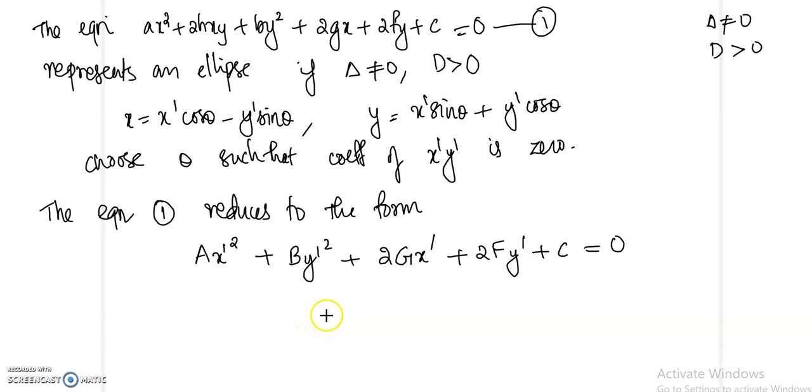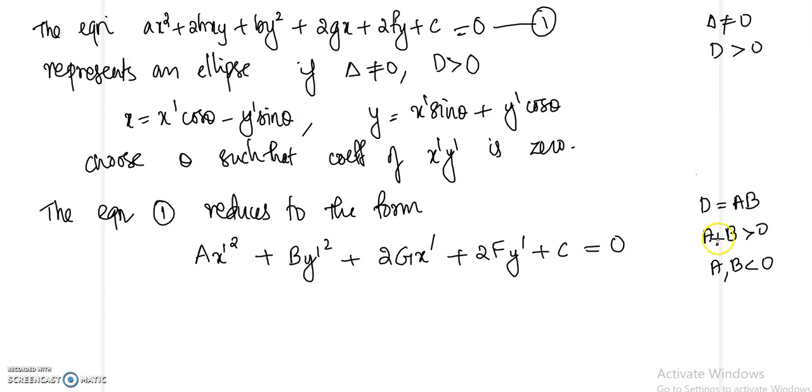And now for d to be greater than 0, d is equal to AB. So d will be greater than 0 when both A and B are greater than 0, or both A and B are less than 0. So A and B both must be positive or both must be negative.